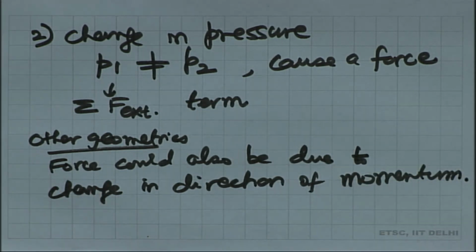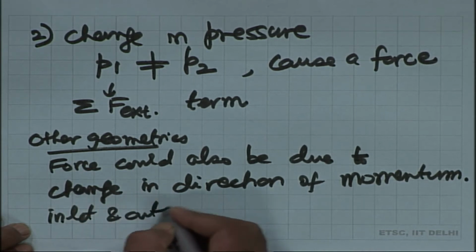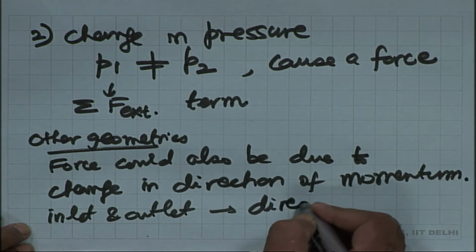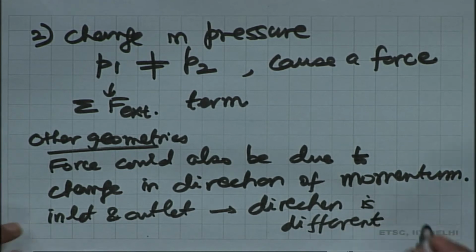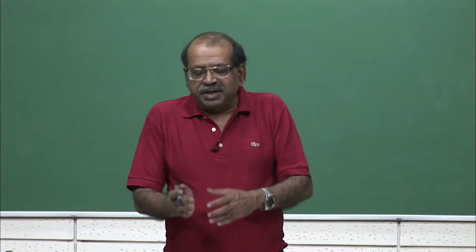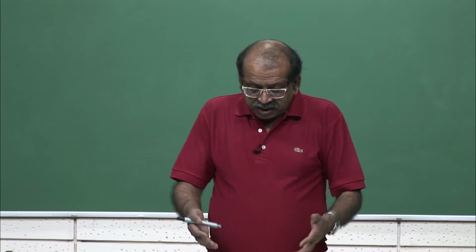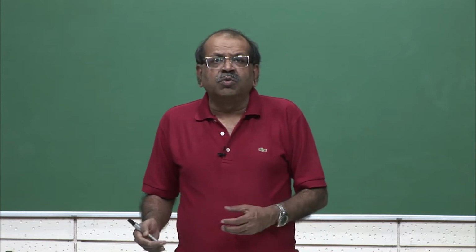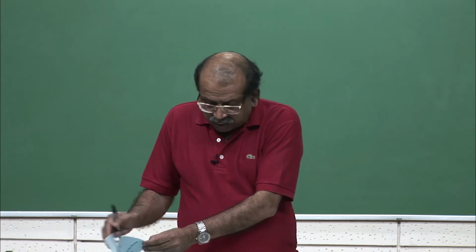In the simple geometry shown earlier, inlet and outlet were in the same direction, but if the direction of inlet and outlet is different, then you will observe that there will be a force, because momentum is a vector quantity, and if directions of inlet and outlet are different, that will mean momentum is different. So there will be a net force on the control volume because of the change in the direction of momentum.